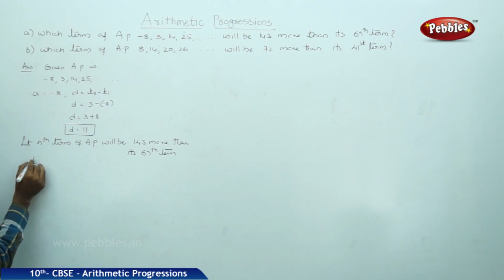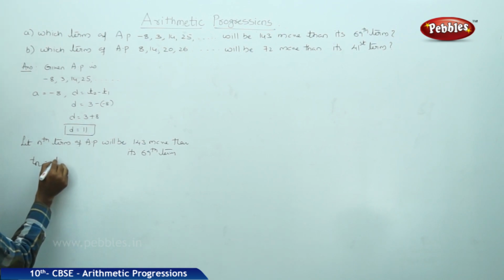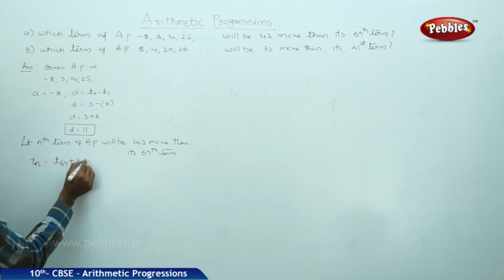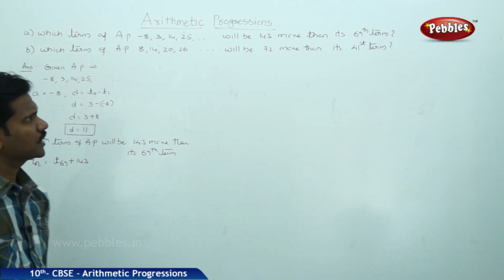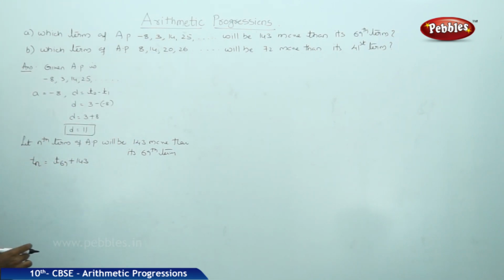That is, Tn is equal to T69 plus 143. Why plus 143? Because it is given 'more than'.